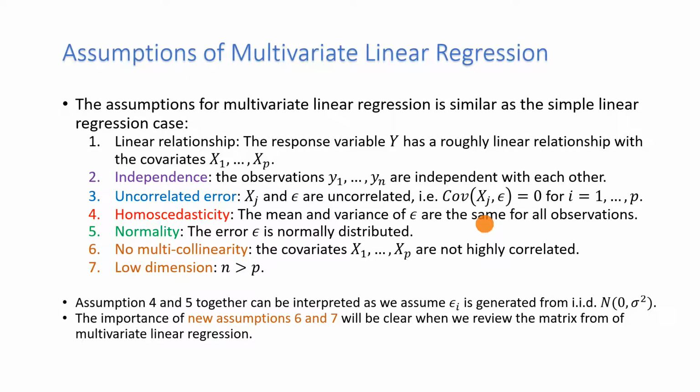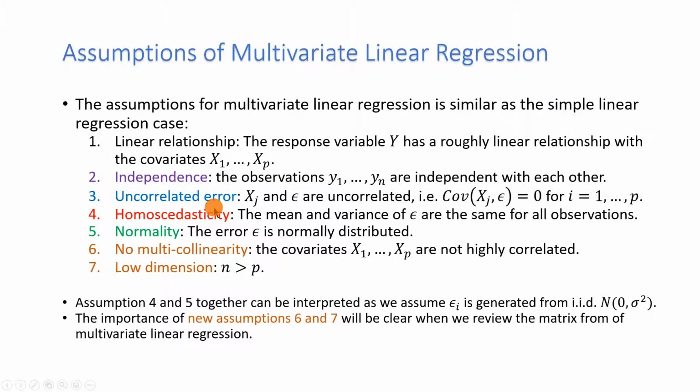So again, for the first one, we assume there's an underlying linear relationship, which means that the response variable y can be approximated well by a linear function of x1 to xp. And second, we assume the observations of your response variable y, which is the random sample y1 to yn, are independent of each other.